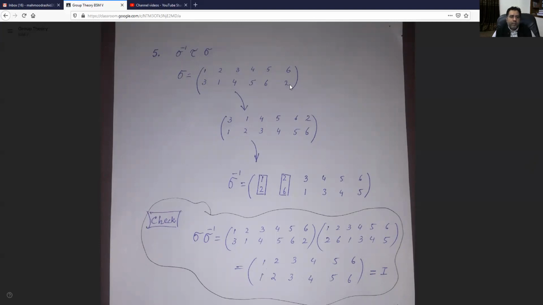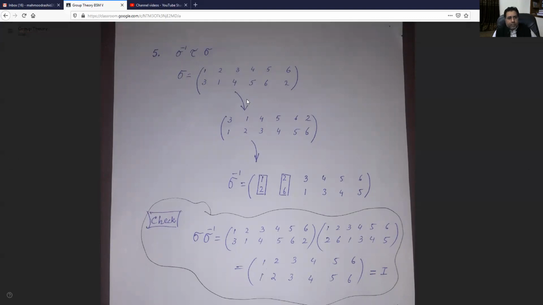And when you hit the identity permutation, that would be the inverse of this sigma. But again, we will have a short procedure to compute sigma inverse.